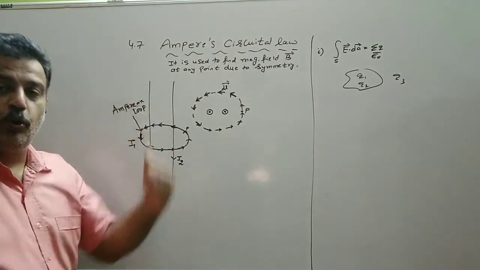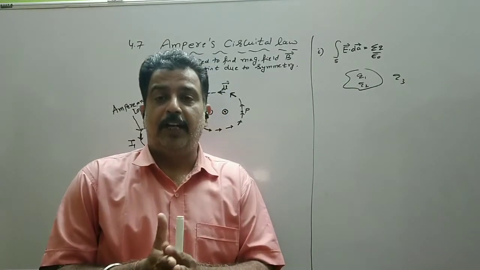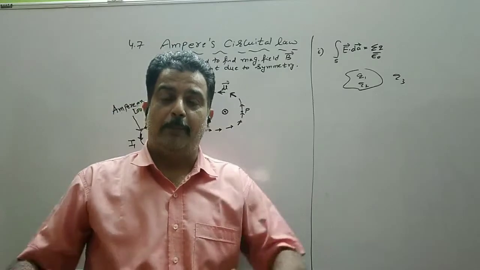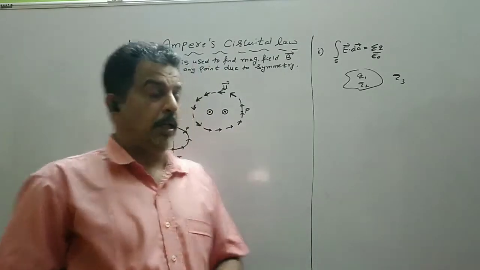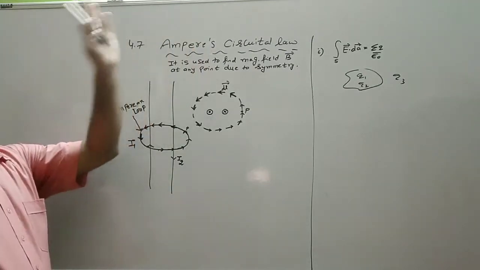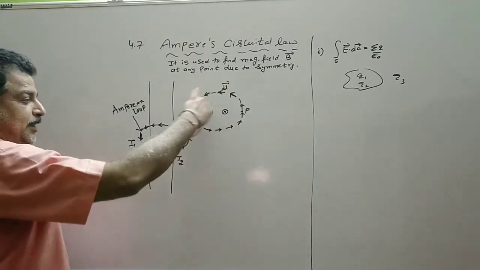If I have to use the Biot-Savart law to find the magnetic field intensity, I will individually find the magnetic field intensity and then apply the superposition principle. Or I can directly find the magnetic field intensity using Ampere Circuital Law. So we have divided this into line elements.